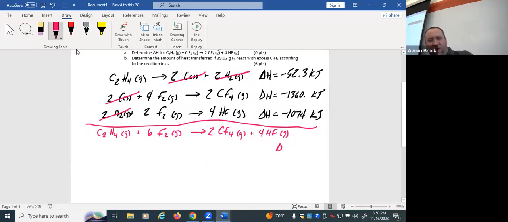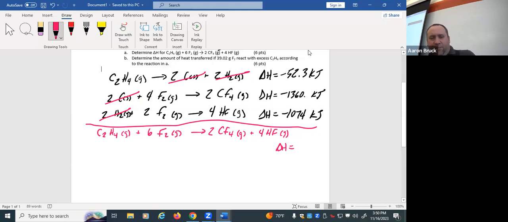My delta H value is going to be the sum of these delta H's that we've constructed through our modifications. So I've got negative 1074, negative 1360, negative 52.3.